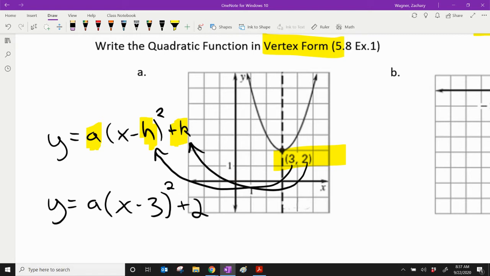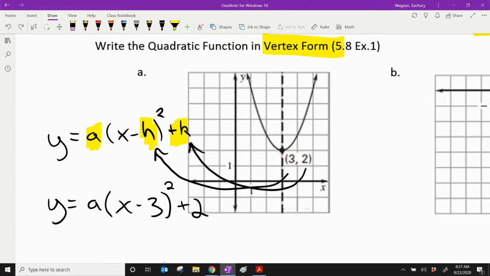Now this, we're not done. We need to solve for a. a is basically the constant in which this quadratic grows. Now, at this point, what we do, we take a point from my graph, plug it in for x and y, and use that point to solve for a.